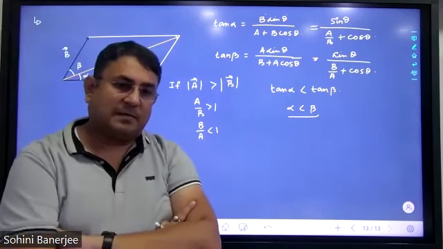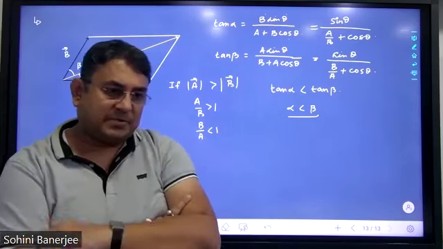Resultant will make a smaller angle with the vector with greater magnitude.